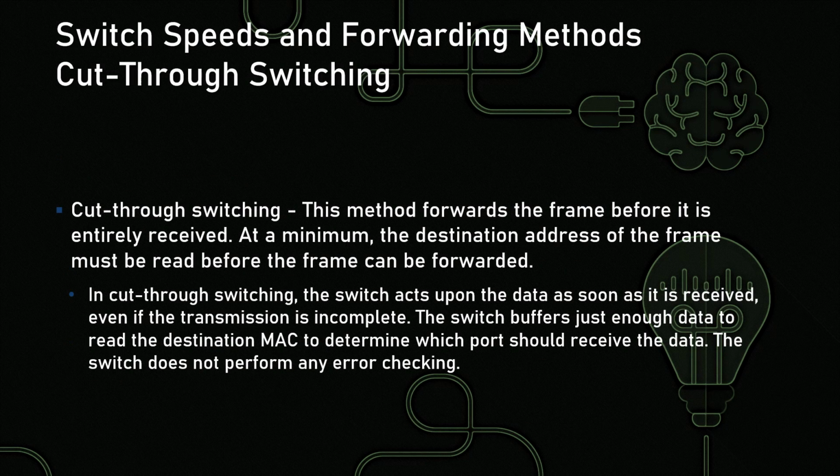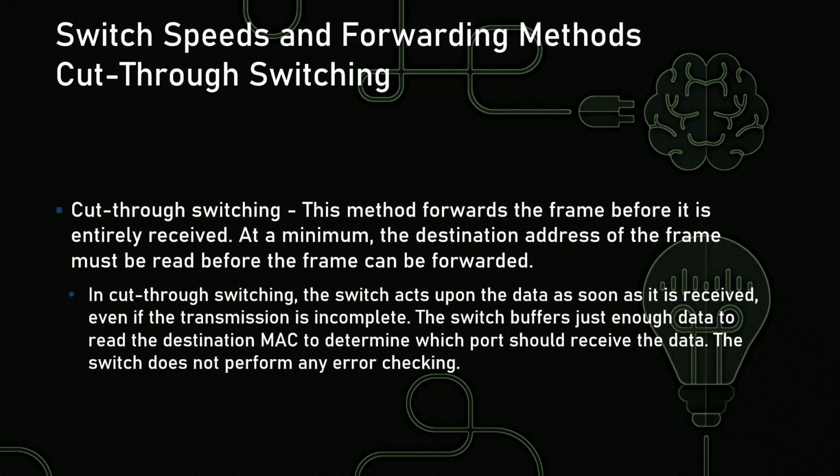There's an alternative called cut-through switching, which starts forwarding the frame before it's entirely received. So let's say that we have a full sub-jumbo frame, 1,518 bytes. Once we hit the first 64 bytes or so, what we need to bring in for the destination MAC, it'll go ahead and read it in, and then send it straight out.